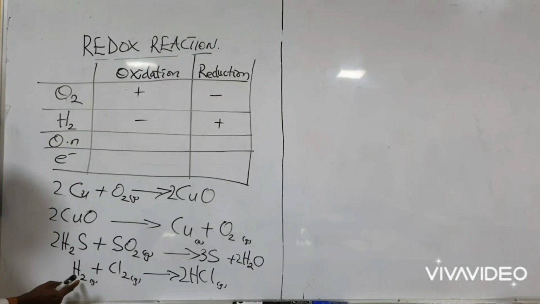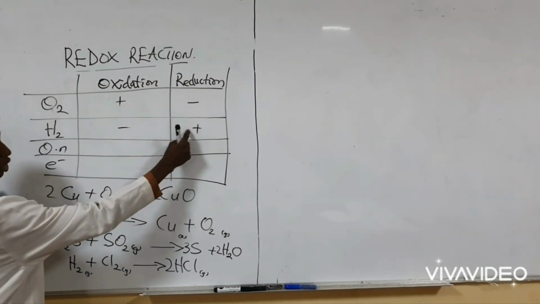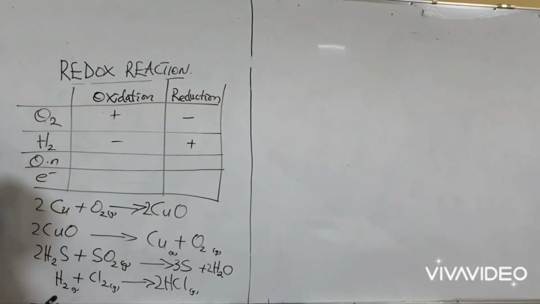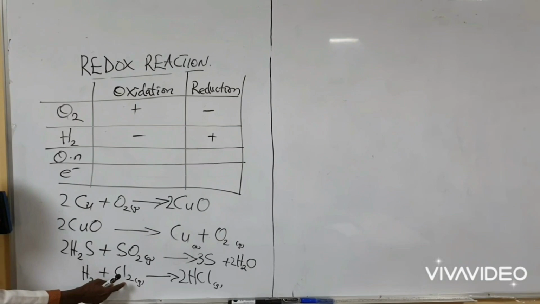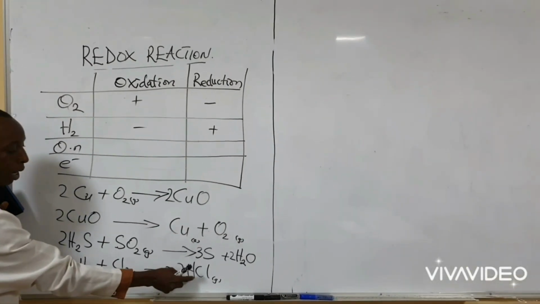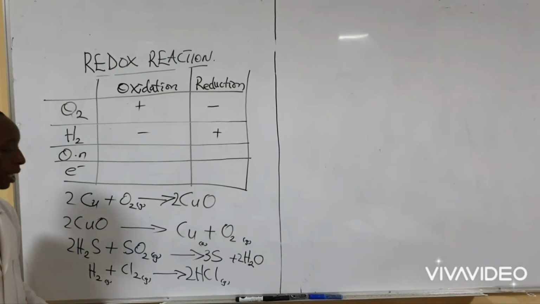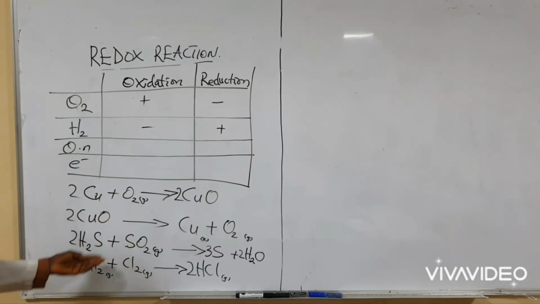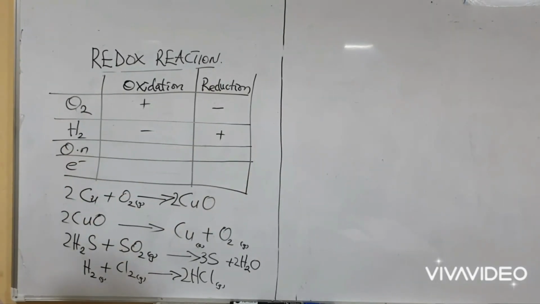Here, hydrogen is being added to chlorine. Addition of hydrogen to a substance is reduction, which means you will read this equation as reduction of chlorine to give 2 moles of hydrochloric acid.